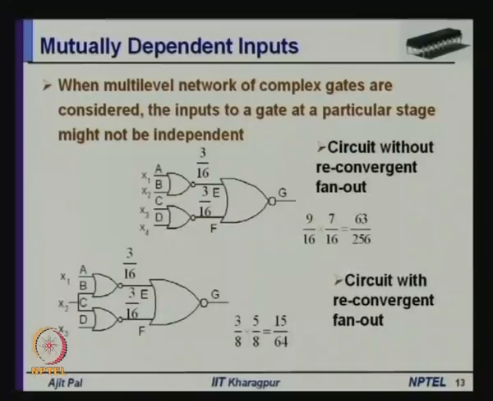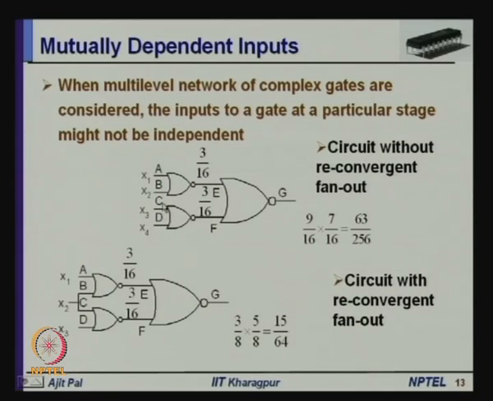For example, let us consider a simple circuit. Here I have taken a 2 level circuit. Here it is a NOR gate, a 2 input NOR gate with inputs x1 and x2, and here we have another gate with inputs x3 and x4.